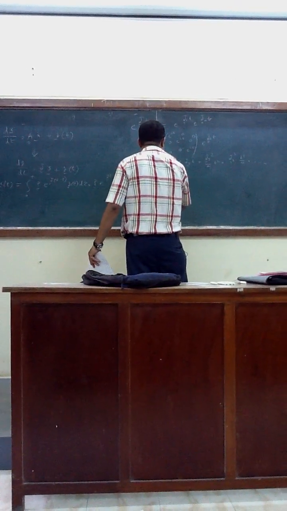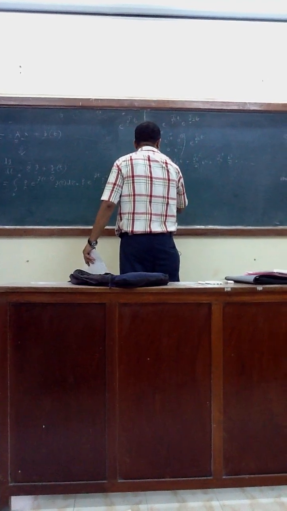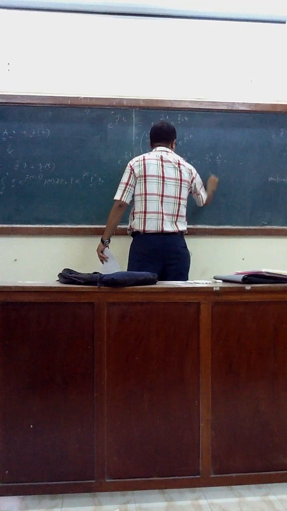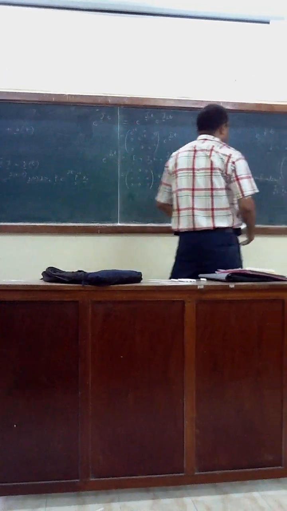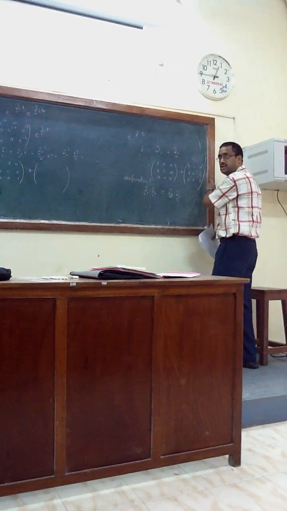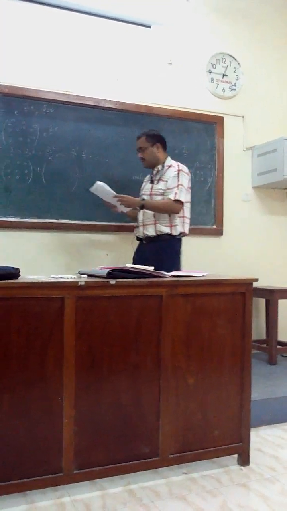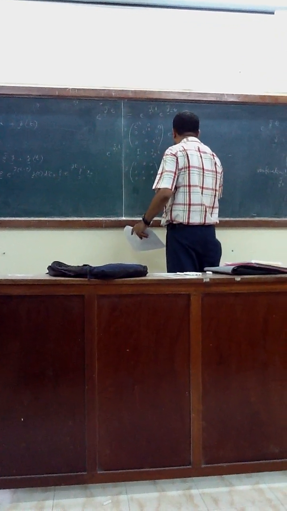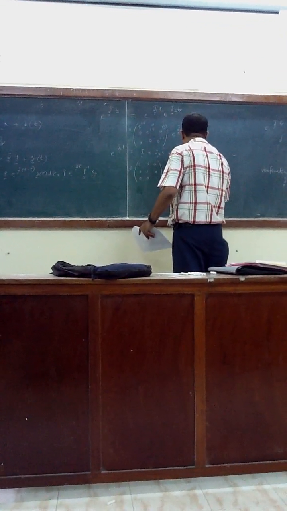So next step is 1 0 0, 0 1 0, 0 0 1, plus J2t. What is the J2 matrix given here? Times t means 0 t 0, 0 0 t, 0 0 0.